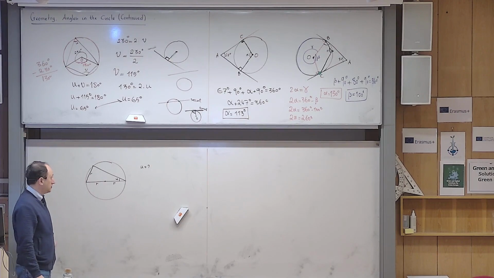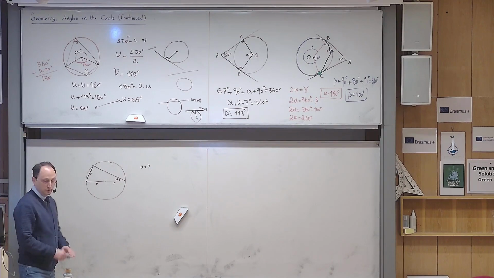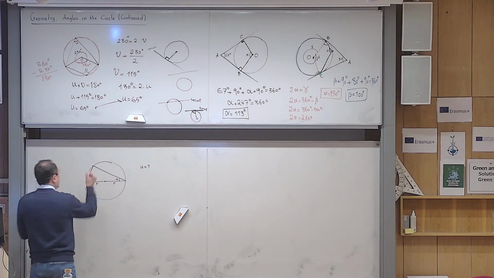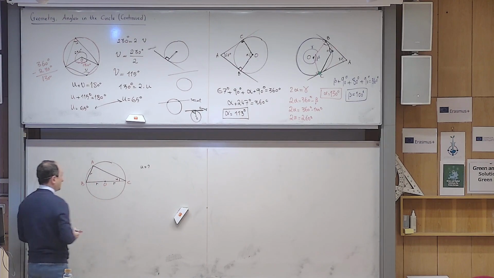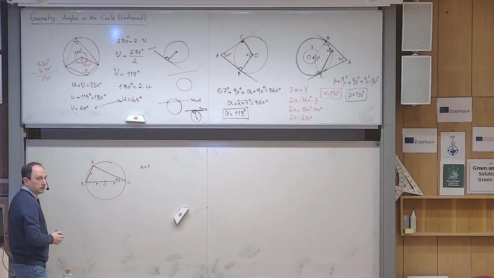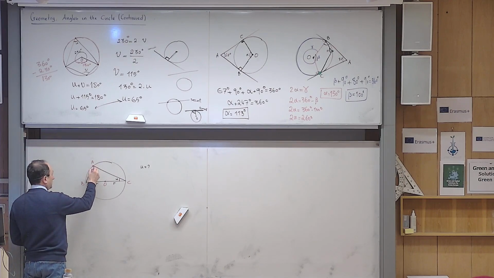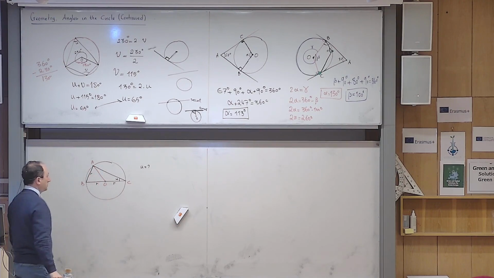Yes, Omar? You can draw a line from A to the center, and that will give us a radius.